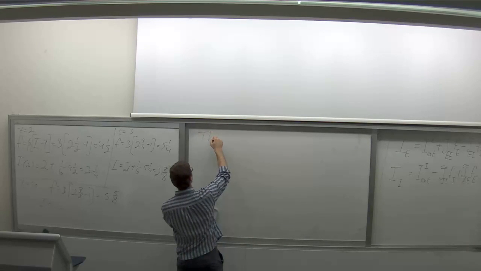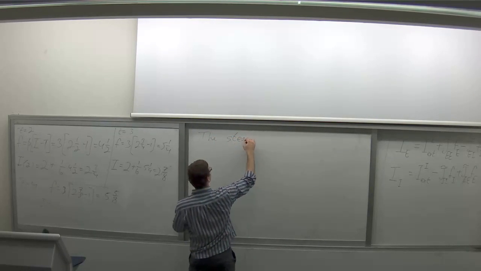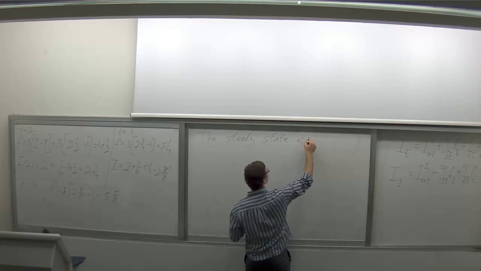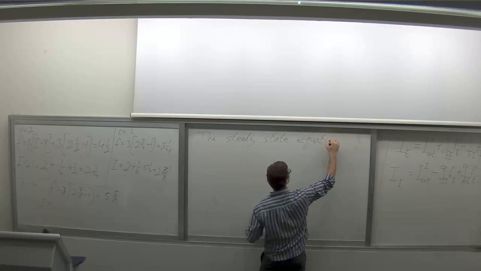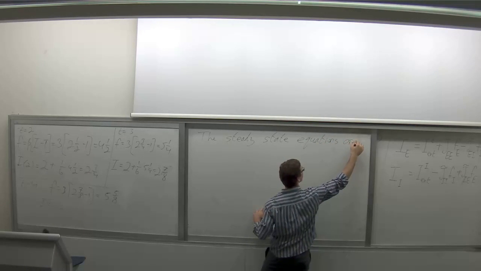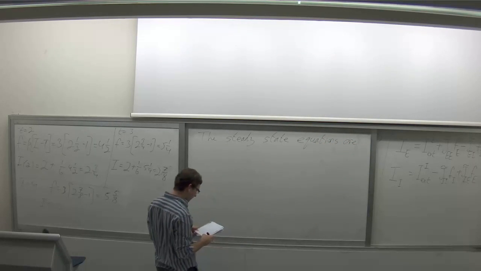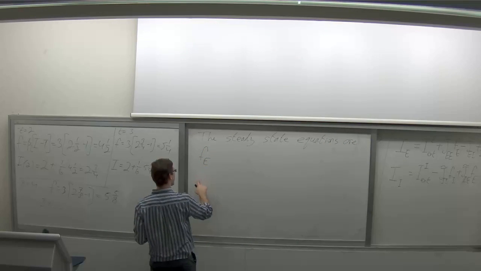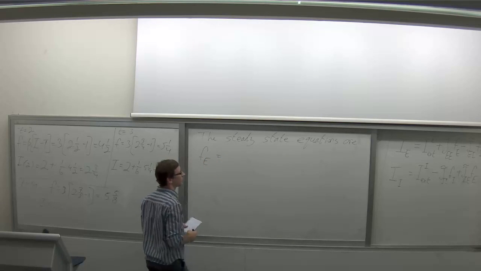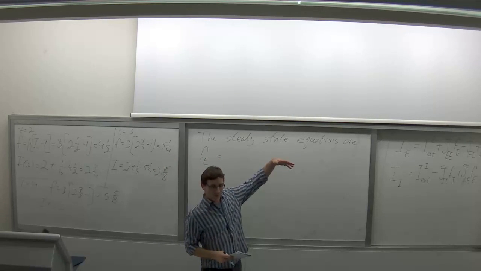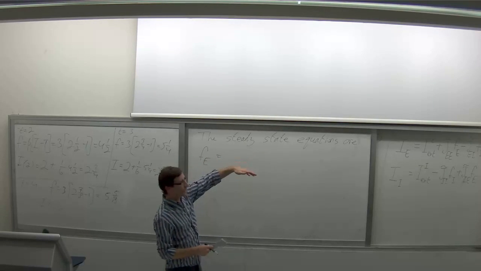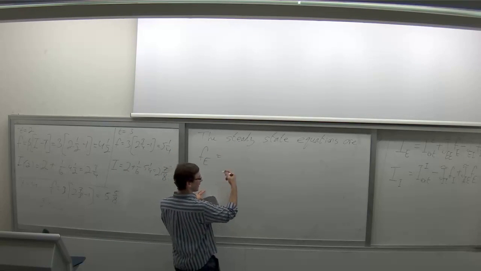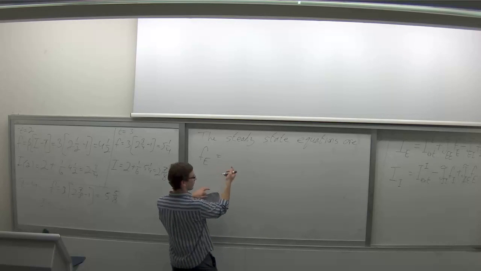The steady-state equations are, okay, so I want Fe to equal the activity calculated by input Fe and Fi. Okay, so they're going to be coupled.